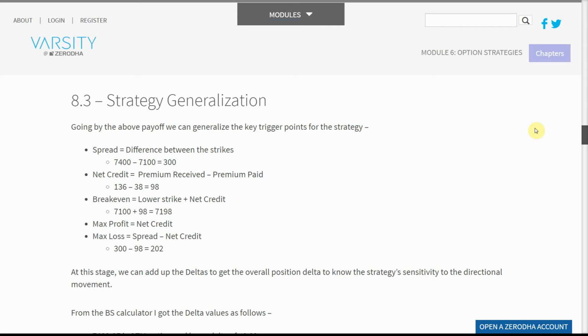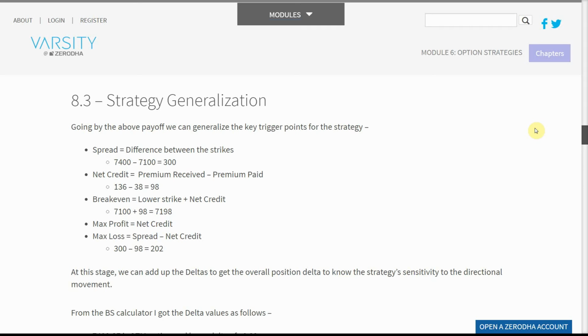Break even equals lower strike plus net credit: 7,100 plus 98 equals 7,198. Max profit equals net credit. Max loss equals spread minus net credit: 300 minus 98 equals 202.